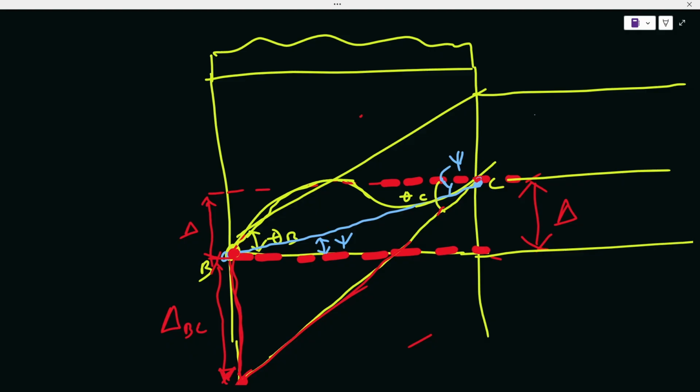Using the same principle I just did for this one, to establish it in this right region, from this point on the elastic curve at C, all the way up, I can call it delta CB, because it's starting at C and it's going to the tangent line at B. Do you get?